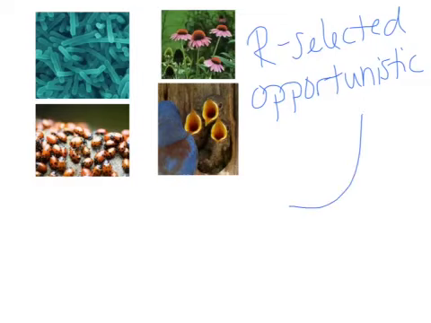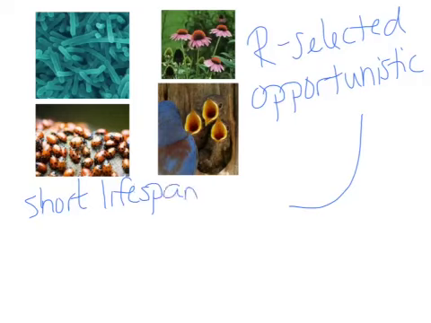They are usually going to have a short lifespan, and their maturation will occur very easily. They will reproduce very quickly. It won't take long for them to get to reproductive age. So short lifespan, they're quick to reach their reproductive age. They're going to have lots and lots of offspring.